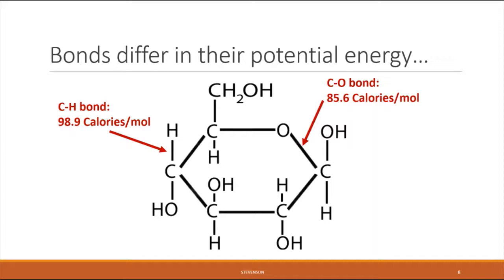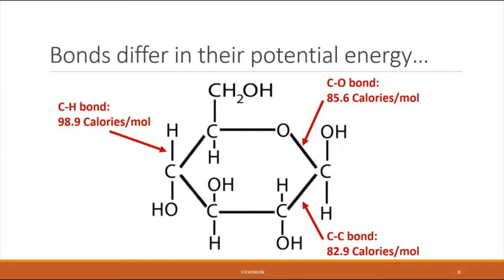And those type of bonds hold 85.6 calories per mole. And we also see that we have carbon bonded to additional carbons, and those types of bonds hold 82.9 calories per mole. So a different amount of energy, a different amount of calories is stored in different types of chemical bonds.